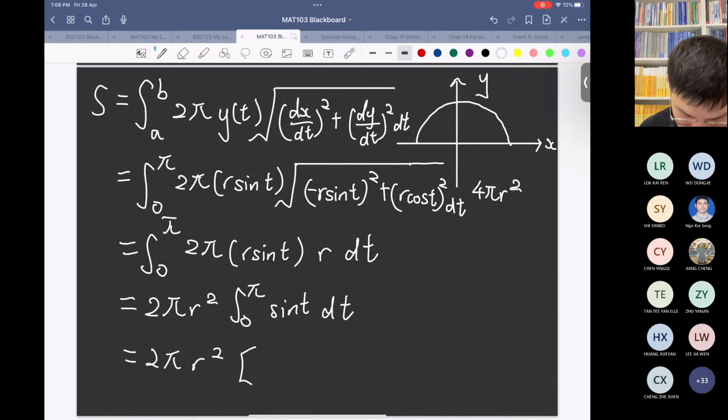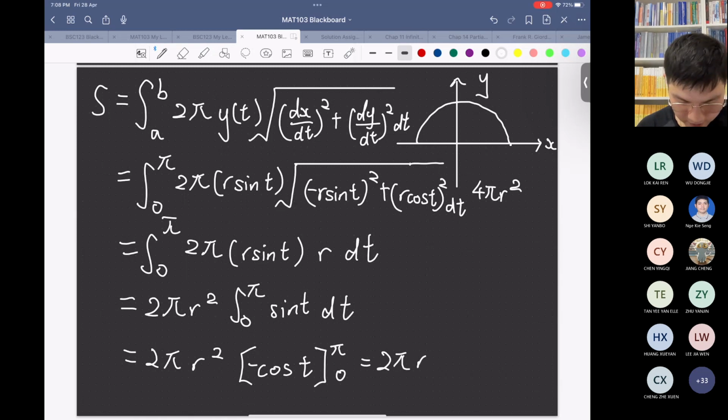You get cos t, or minus cos t actually. So integrate from 0 to pi. So what's this? This is really minus of -1, and then minus, why am I putting -1 there? So cos pi, what do you get?